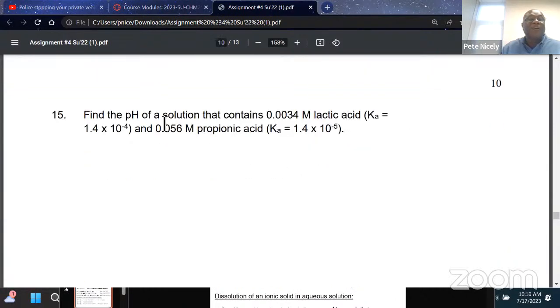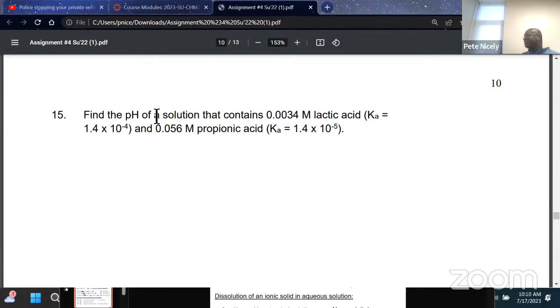Okay, so number 15 says you are to find the pH of a solution that contains two acids in the same mixture. One of them is lactic acid, and it gives you the Ka for that one. The other one is propionic acid, also known as propanoic acid, and it gives you the Ka for that acid as well. It gives you also their separate molarities.